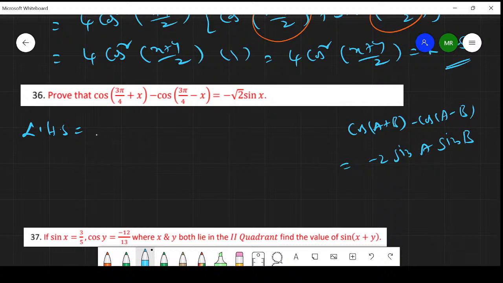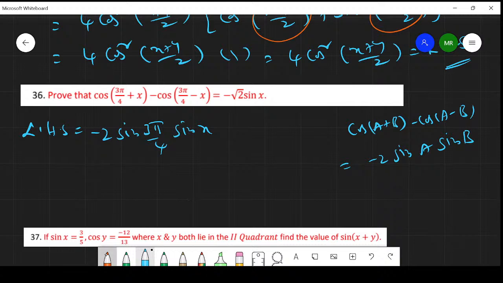So I can write minus 2. Here a means 3π/4, and b means x. At the same time, I should find the value of sin 3π/4.